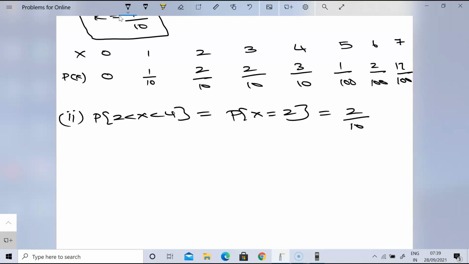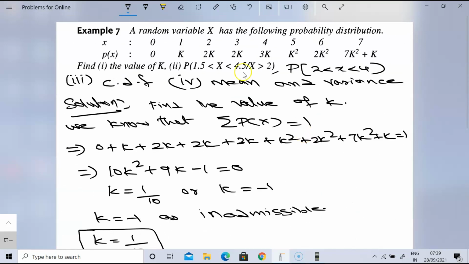So the second part is over. Now, in the second problem, there is something called a conditional probability. What am I given? Probability of 1.5 less than x less than 4.5, given that x more than 2.